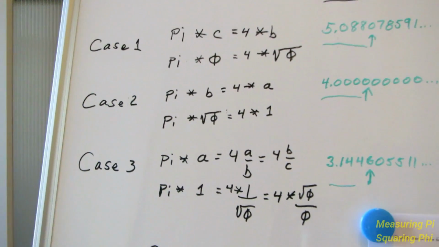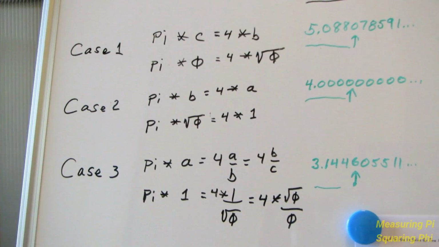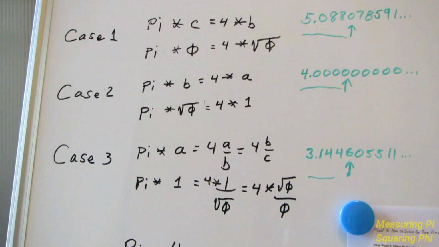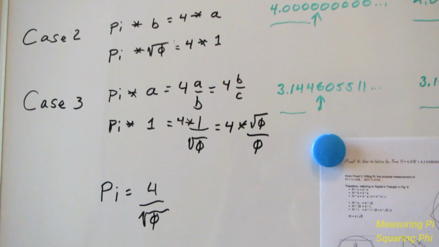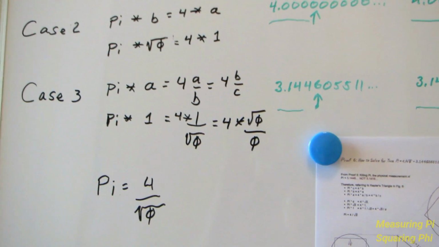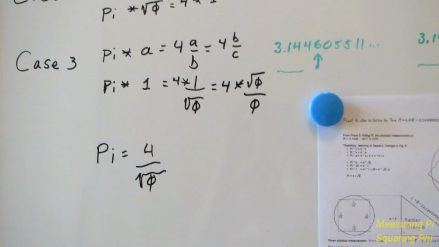Then just do these calculations for squaring the sides of Kepler's triangle out to 4 places, and then equate the circumference to the perimeter, and solve for pi. Solve it out to 40 decimal places.